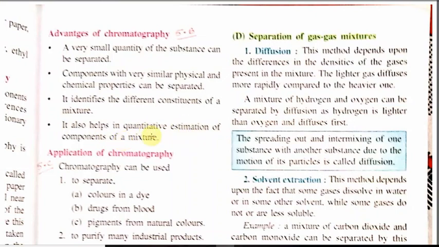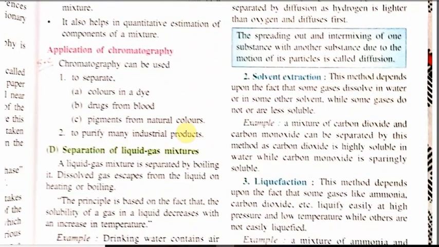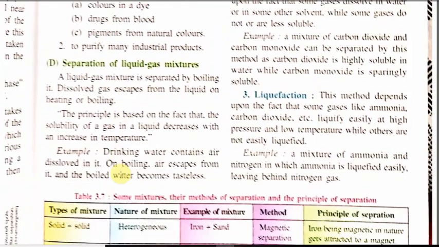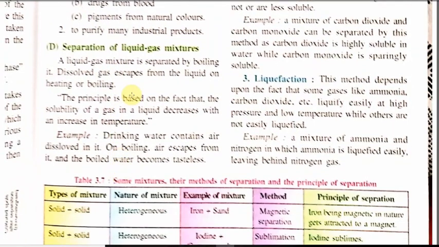Quantitative estimation means a measurement of mass and volume. We will see the application of chromatography. Chromatography is used to separate color in a dye, drugs from blood, pigment from natural color, and purify many industrial products.